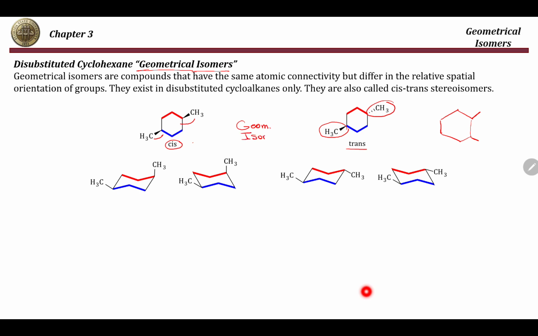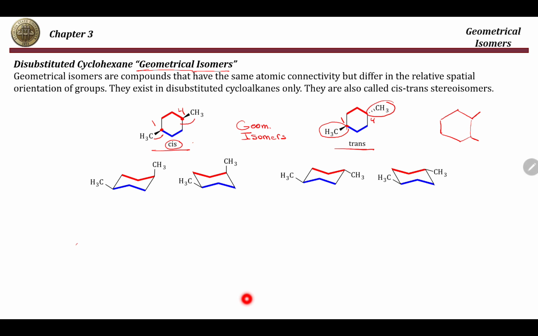So in geometrical isomers, the branches will be at the same position. So we have 1 and 4 in both cases. So we have the same atomic connectivity. However, the main difference is that in one of them, the branches will be on the same side or cis. On the other one, the branches will be trans. And in this case, the relationship will be geometrical isomers.